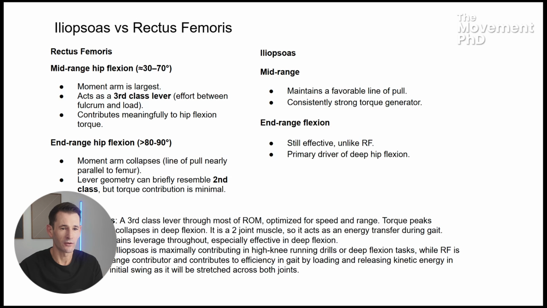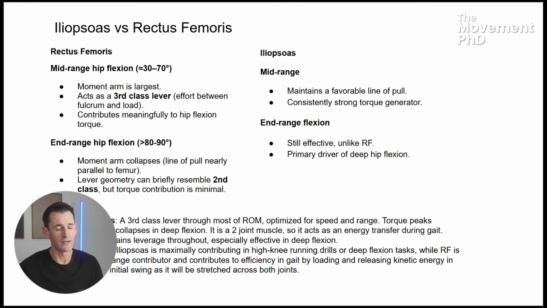But what I didn't mention, and I'll talk more about this in our gait unit, which is the third part of our hip unit here, is that it's a two-joint muscle, so it acts as an energy transfer during gait. And all that means is that during the extension part of the gait cycle, so terminal stance into pre-swing, you're stretching that rectus femoris across both of its joints. So we are loading that muscle with kinetic energy.